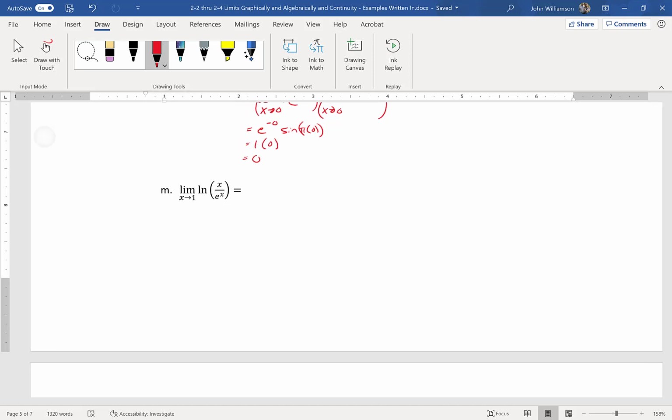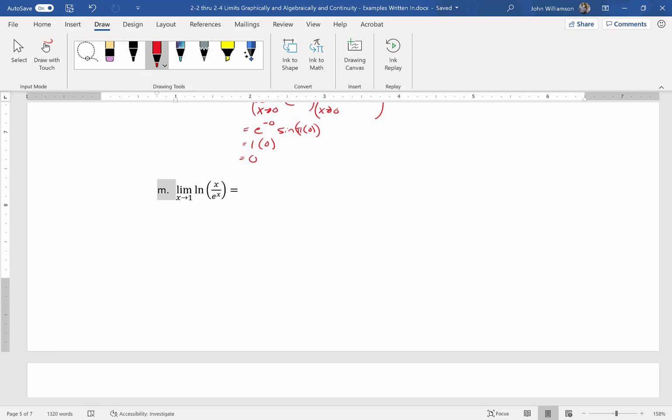So if I try to rewrite this using my logarithm properties, then this becomes the limit as x is approaching 1 of, so natural log of a quotient, remember, is the difference of the natural logs, so this becomes the limit as x is approaching 1 of the natural log of x minus the natural log of e to the x. And so then this gives us the limit as x is approaching 1 of natural log of x.